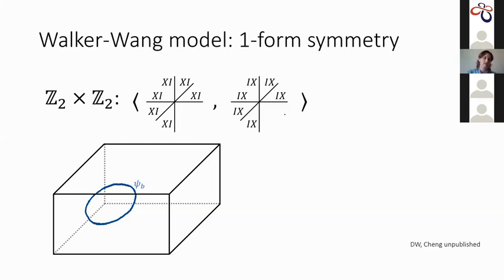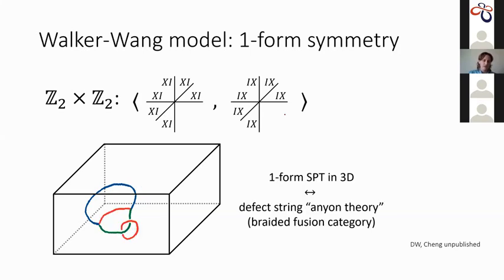But in this case, the domain walls of these symmetries are actually just abelian lines, if the symmetry is abelian. And you could have some more general configuration of these things, and actually the algebraic structure that's describing them is basically an anion theory, a generalized anion theory, which is a braided fusion category that describes the topological processes of these defects.